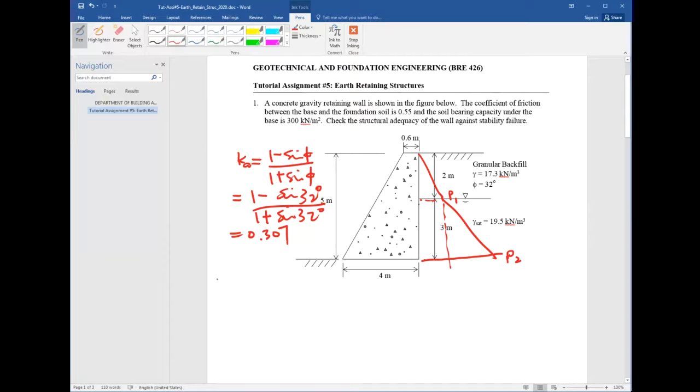Now what's the P1? P1 is equal to Ka gamma H, times 2.